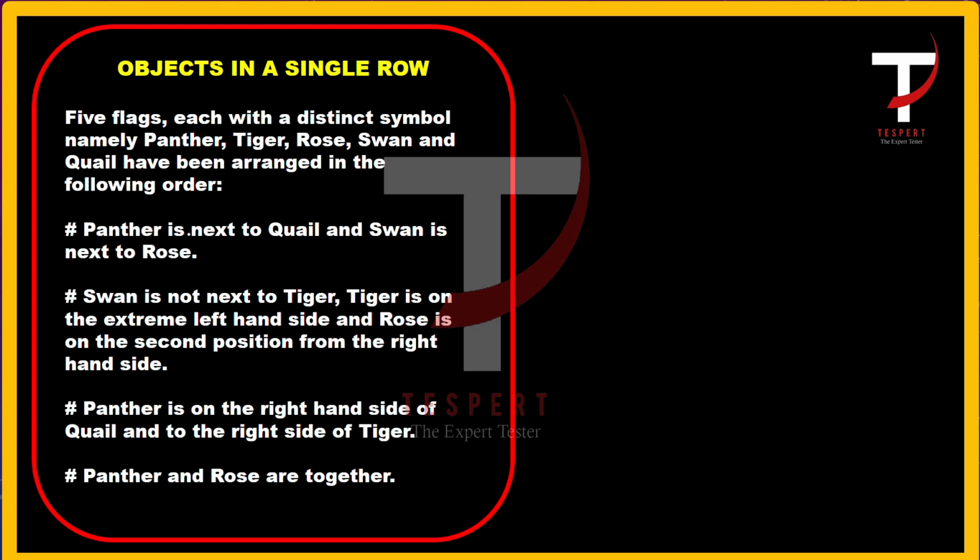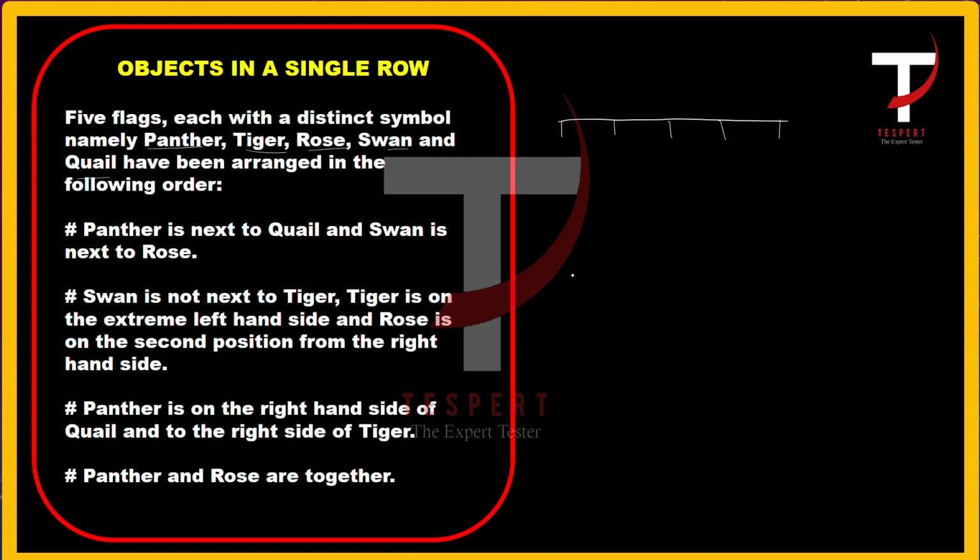Five flags, each with a distinct symbol, namely panther, tiger, rose, swan, and quail, have been arranged in the following order. This comes under linear arrangement, so positions 1, 2, 3, 4, and 5. What is given still? Panther is next to quail and swan is next to rose.